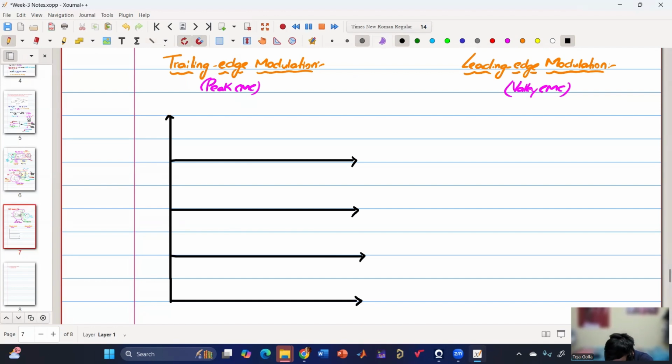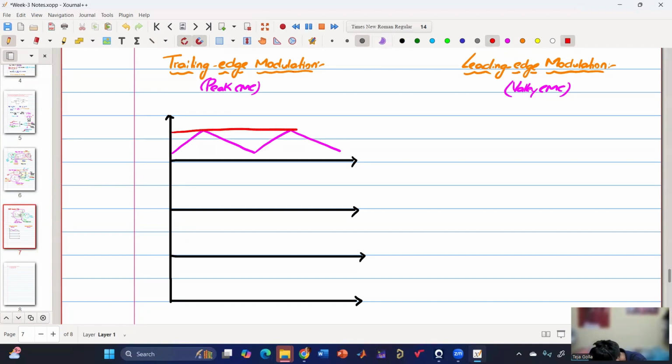In the case of trailing edge modulation, what is trailing? Basically when we say trailing edge, leading edge, we are talking about the inductor current. If inductor current is trailing, it is trailing edge. If inductor current is leading, it is leading edge. So let us draw the inductor current.